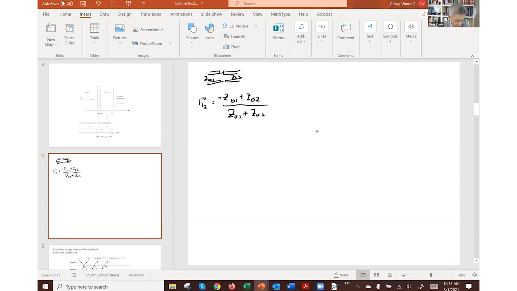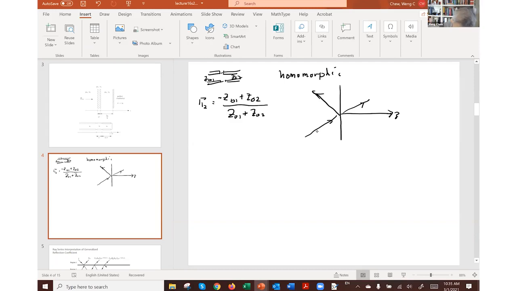We can say that this problem is homomorphic. We use the concept of homomorphism: this actually is the same problem as this problem, where you have a plane wave coming in and then a plane wave transmitted. The two problems can be made identical mathematically.